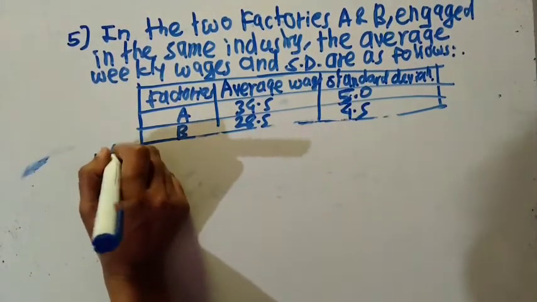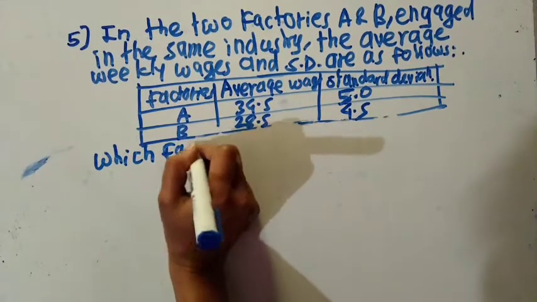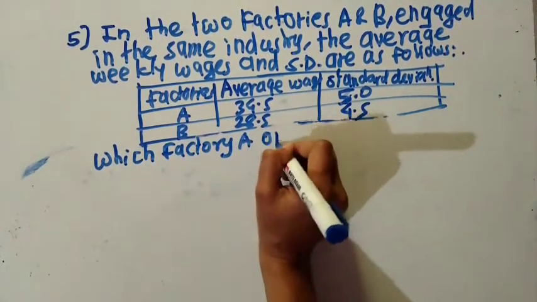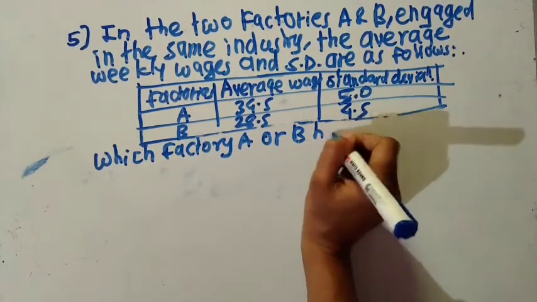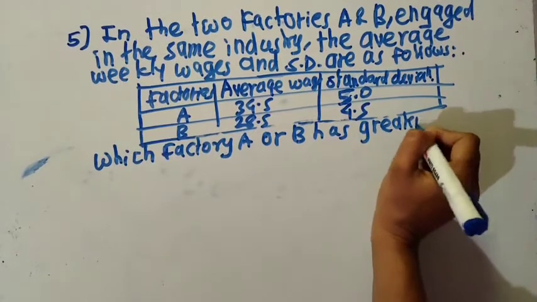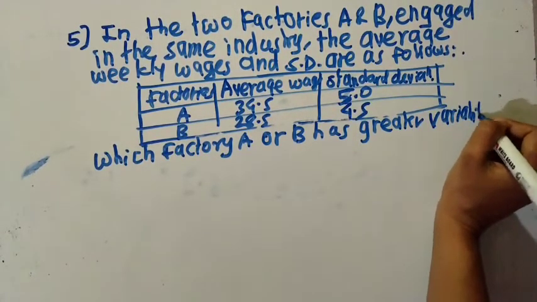So which factory, A or B, has greater variability?